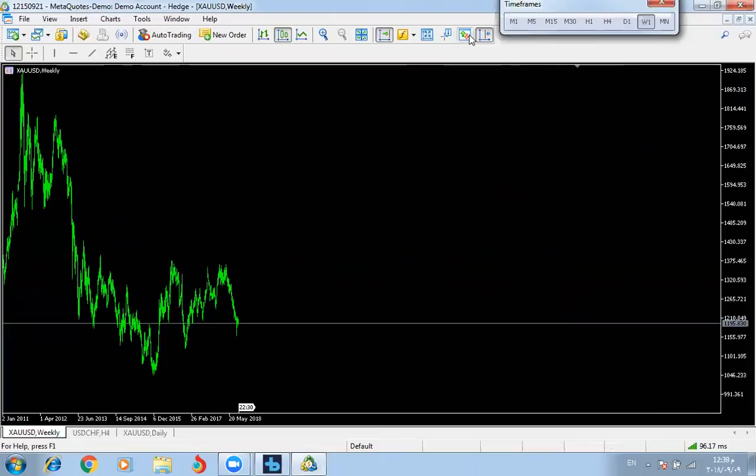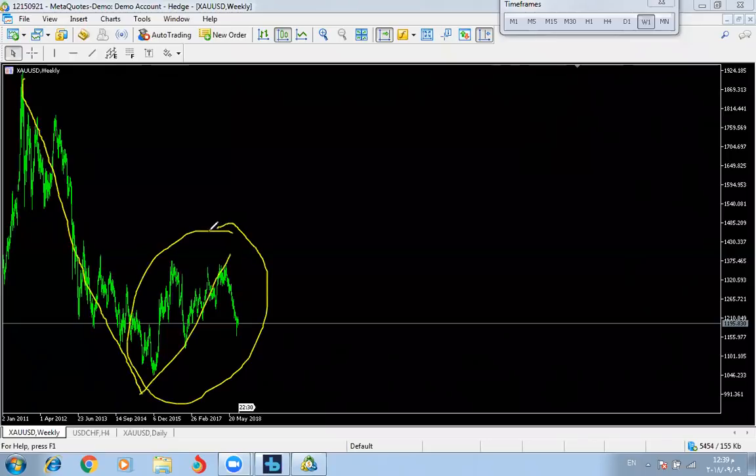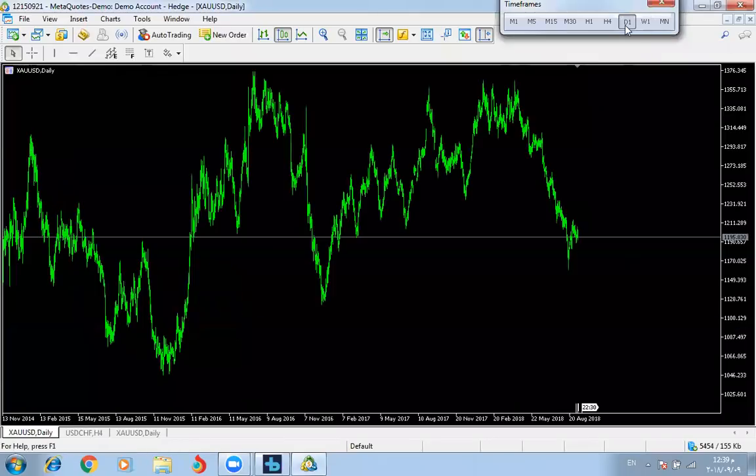as you see from this weekly chart, I will use it so that you can understand what I am talking about. This is wave A to the downside in the form of 1, 2, 3, 4, 5, and this might be wave B. How? This piece of correction might have ended the wave B. Let me go to the daily time frame and show you how.